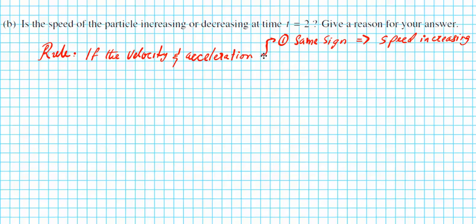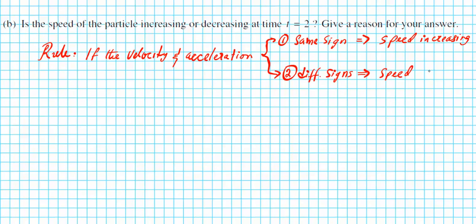If they're both negative, then the particle is speeding up. The speed is increasing in the downward direction. So same sign means speed is increasing. Different signs basically means that the speed is decreasing.